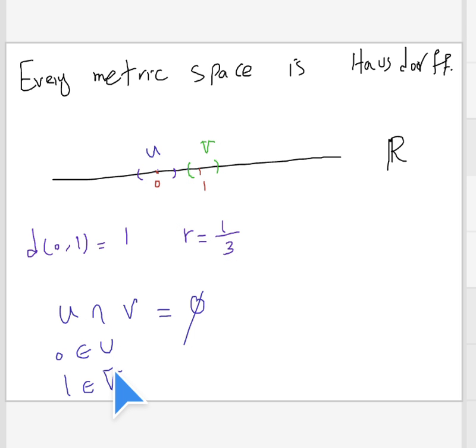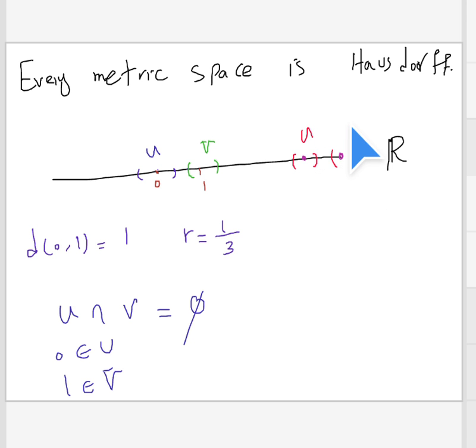And for every pair of points we have such open sets. For example, here are two disjoint intervals. I give this interval and this interval.